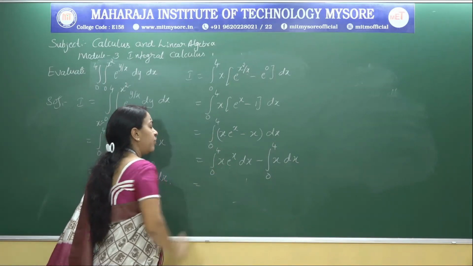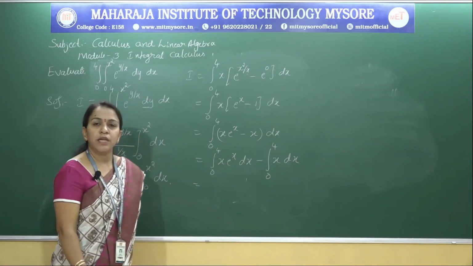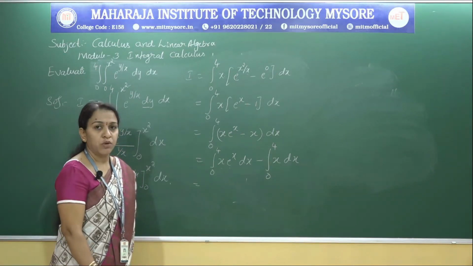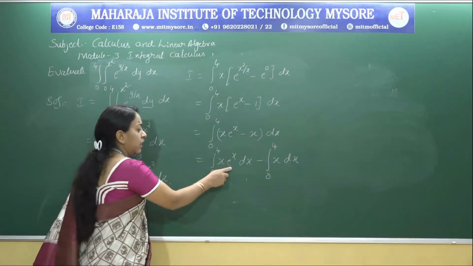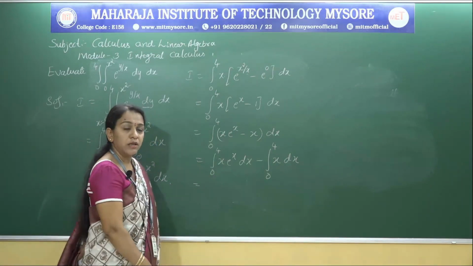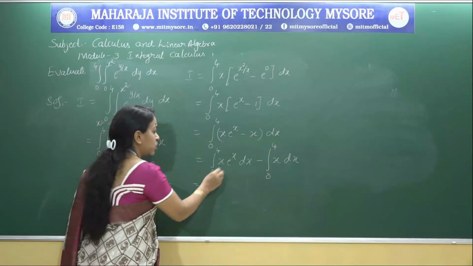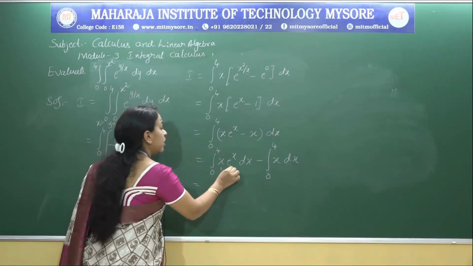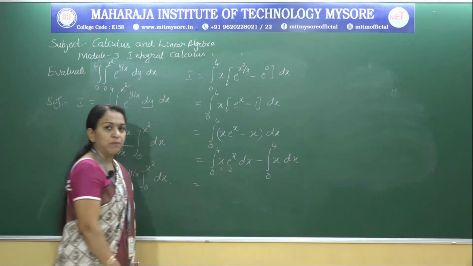Now to integrate the first one, we should apply integration by parts, or we know the standard formula, that is Bernoulli's rule, that is, the integral of a product of two functions can be obtained by using either integration by parts or Bernoulli's rule. I consider x as the first function and e power x as the second function.